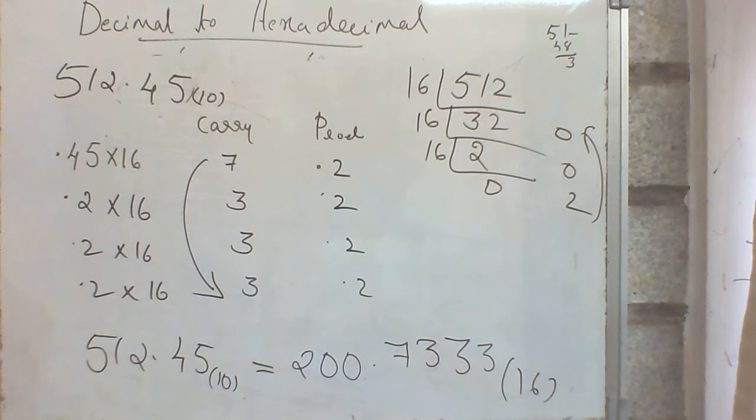Then for fractions: decimal fraction to binary, decimal fraction to octal and decimal fraction to hexadecimal. For converting a decimal fraction to binary, multiply by 2. Then write the carry and product separately. Then again multiply that product by 2. Repeat that multiplication; you can do 3 or 4 steps. The first carry will be the MSB and the last carry will be the LSB.